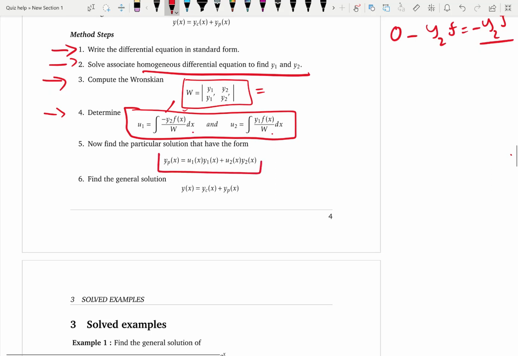Then you can find the particular solution as the u1 that you found times y1 plus the u2 that you found times y2. Then that is your particular solution, and you write the general solution finally as yc, the complementary solution that you found, plus the particular solution that you found. So that's the methodology. Try to see how I do examples and I hope it will make sense. Okay, all right, thank you.